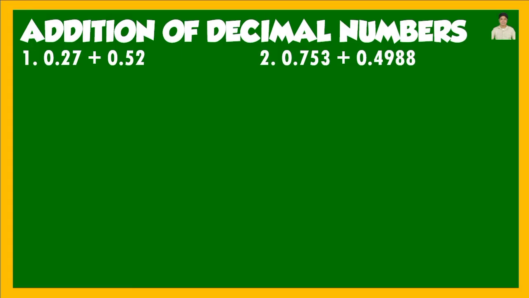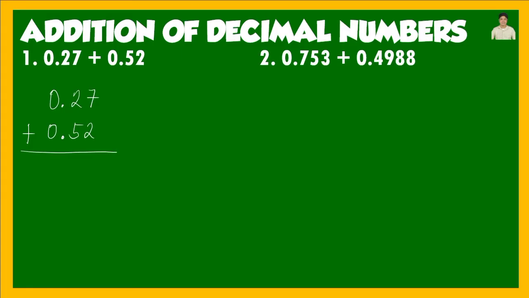Kailangan i-align natin yung decimals. Sulat lang natin 0.27 plus 0.52. As you can see, yung decimal point po natin ay aligned. Ibig sabihin, magkatapat. Since magkatapat na yung decimal point natin, pwede na po tayong mag-add.